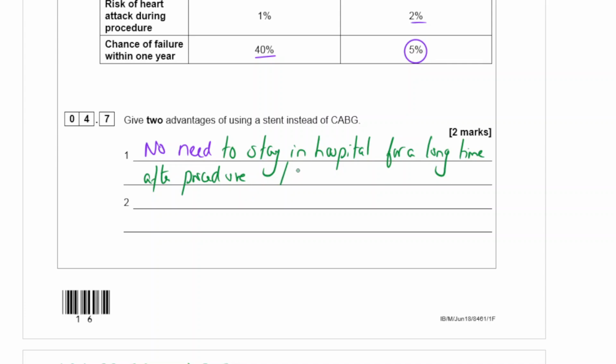Or you can say fast recovery time, or shorter recovery time.